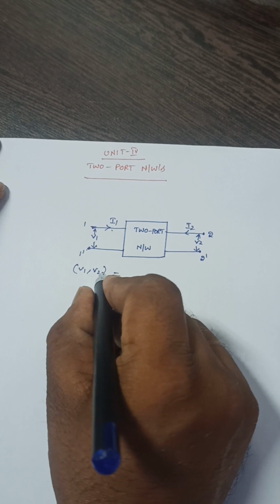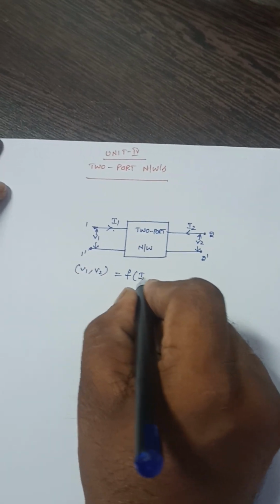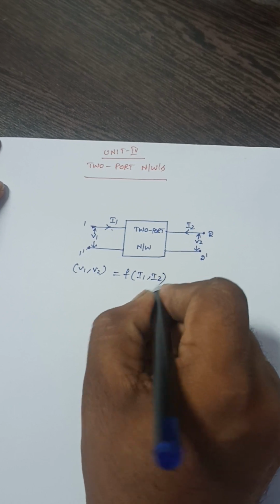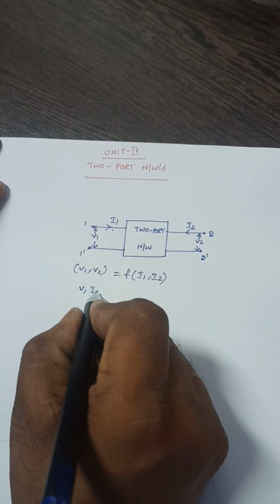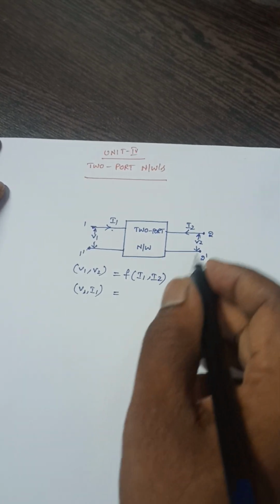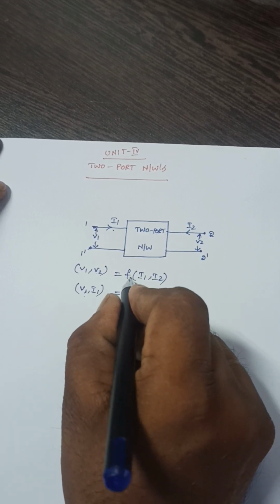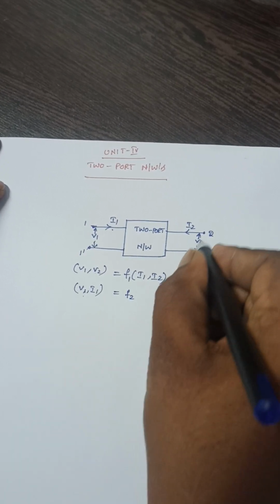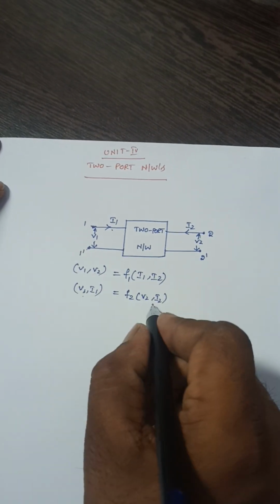That means these may be represented as a function of I1 and I2. Like that, V1 and I1 can be represented in terms of V2 and I2. That means V1 and I1 are functions of V2 and I2 here.